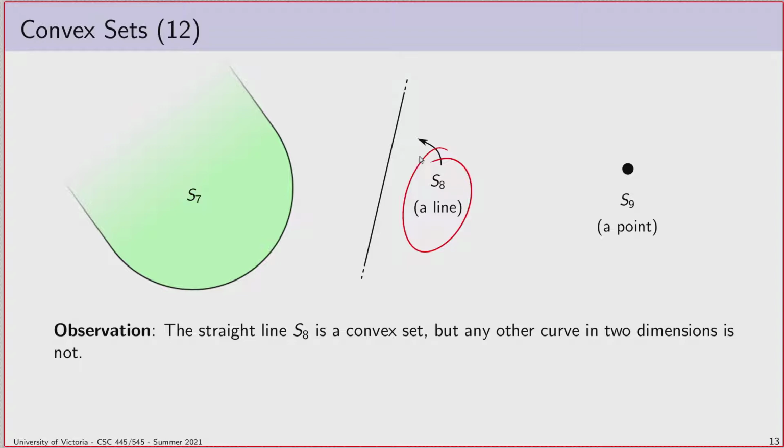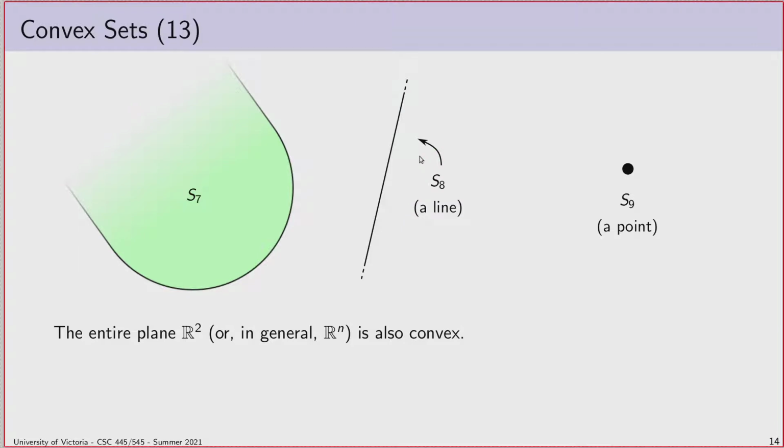There are lots of ways of forming constraints that give us a convex set, but it requires us to actually check that property, whereas we're guaranteed that linear functions, so lines, for example, are going to be convex.